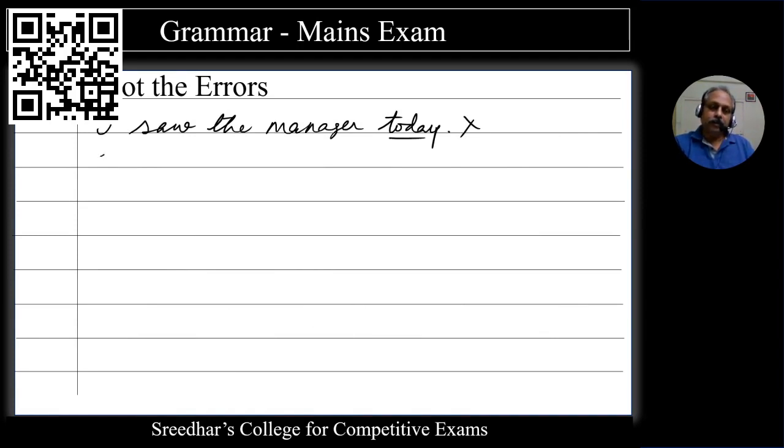What is the correct sentence? I have seen the manager today. I saw the manager yesterday, that is right. I have seen the manager today, this is also right. But you cannot say, I saw the manager today, that is wrong. Today is incomplete, then we have to use present perfect tense.